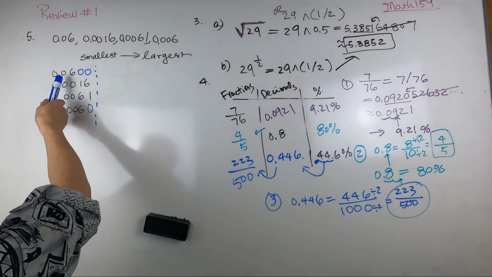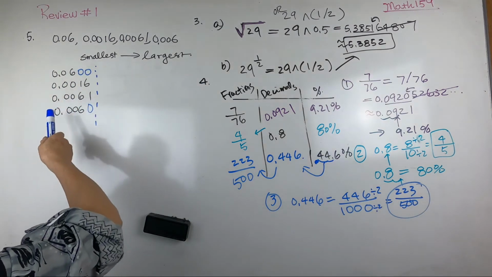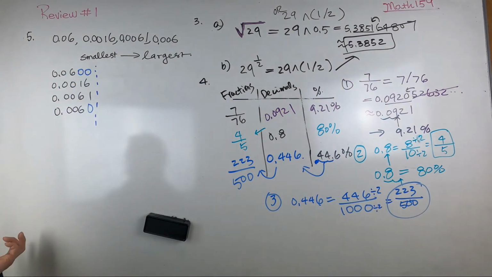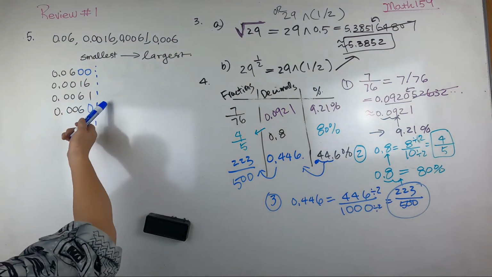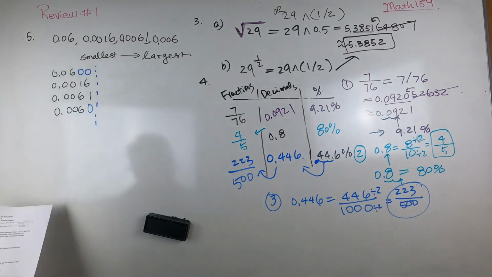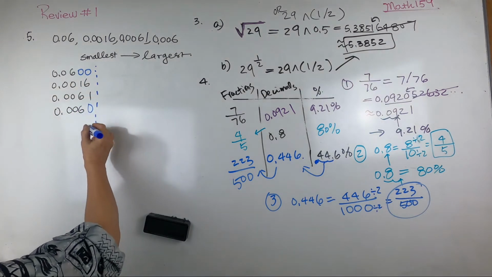So this one is a tenth, hundredths, thousandths, ten thousandths. So that's 600 out of 10 thousandths, 16 out of those 10 thousandths, right? 61 out of it. So what do you think? Which one is smaller? That's 600, 16, 61, 60.